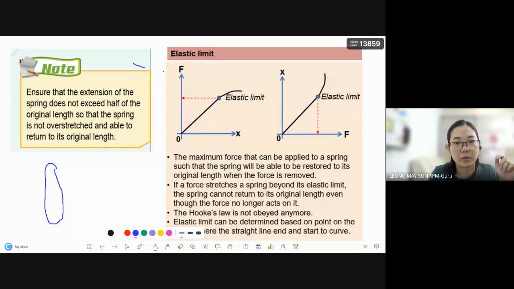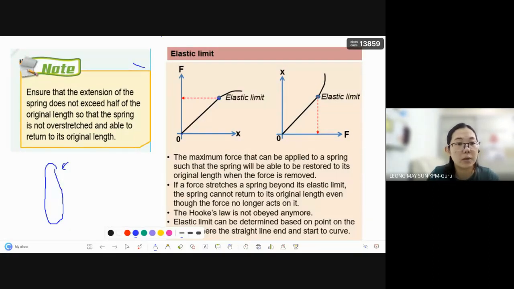Because according to Hooke's law, the extension against force is supposed to be a straight line. But when we use an elastic band, rubber band, it doesn't come out as a straight line. It's a slightly curved line. It still increases. It still starts from the origin, but the line is not a straight line. This is actually due to the property of rubber band and also springs. So this year, for our experiment, we're going back to using a spring.